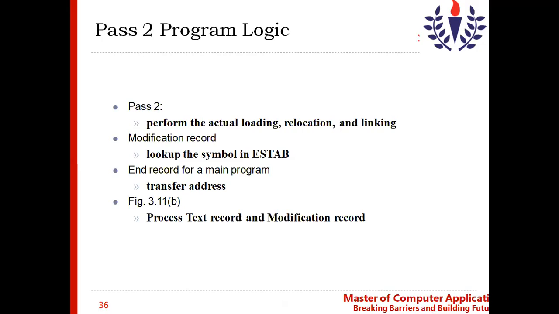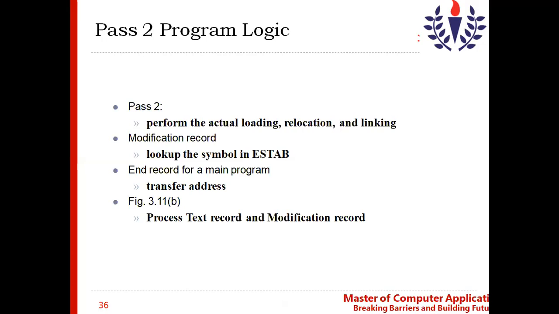The symbol table which was created by the linking loader in pass one will be used in pass two. Whatever table is created in pass one will be used in pass two.